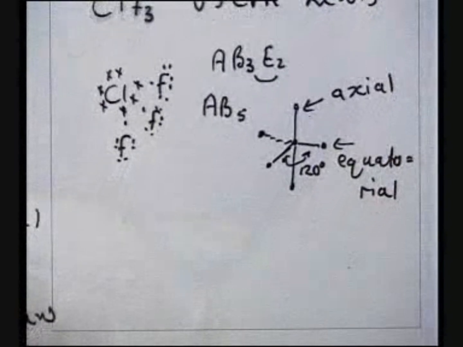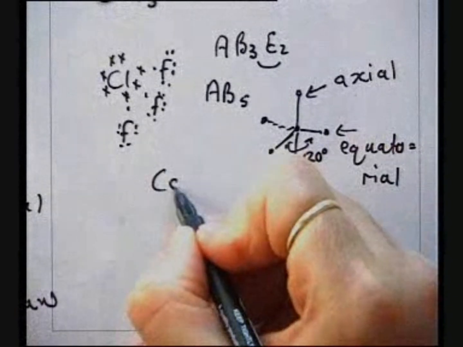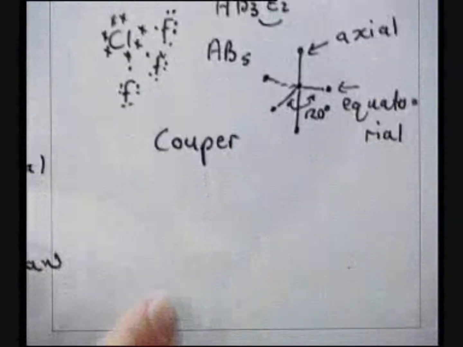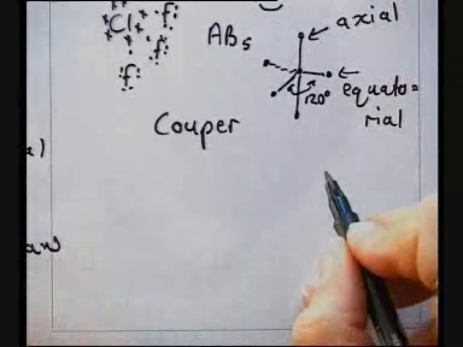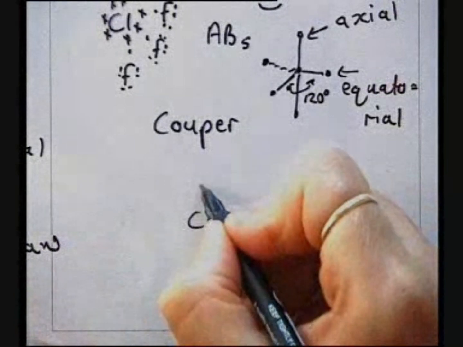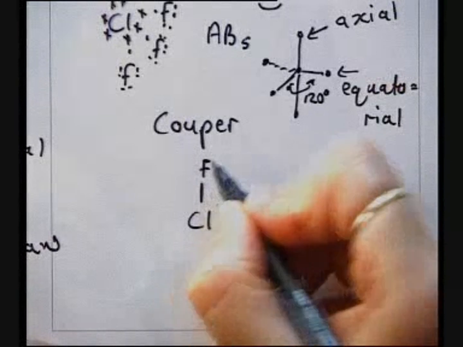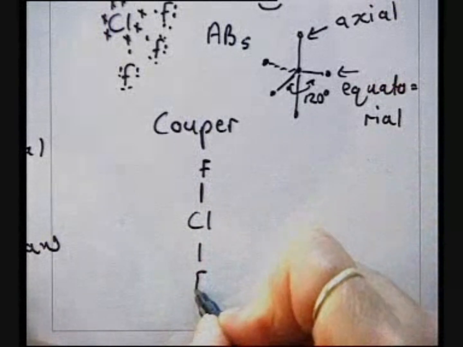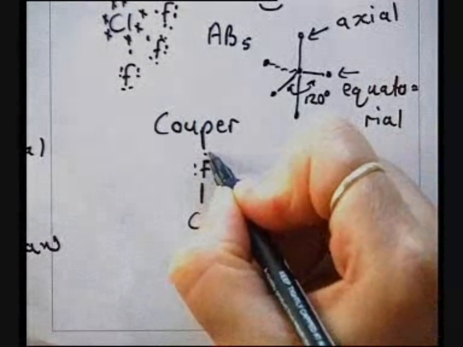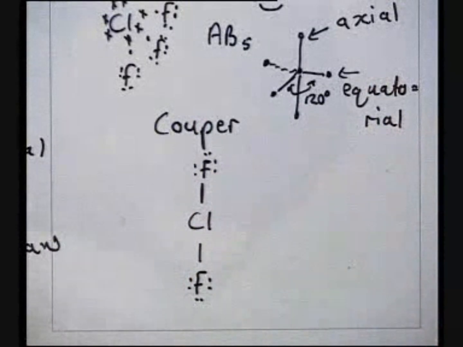For our molecule, we use Cooper or Cowper structures to draw our molecule. We've got a central atom, chlorine. The more electronegative atoms, and of course here we've got 3 fluorine atoms, are always placed axial.